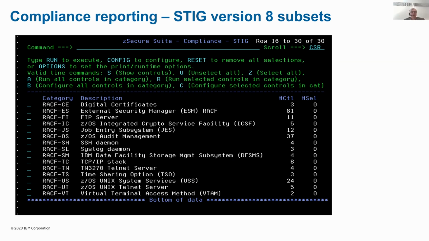That 2-character abbreviation was also somewhere in the old STIG control names, often as the second and third character. So it used to be ICA for IBM certificate, and now it is RACF-CE. And of course, this same thing is there for ACF2. I just showed you the RACF categories.